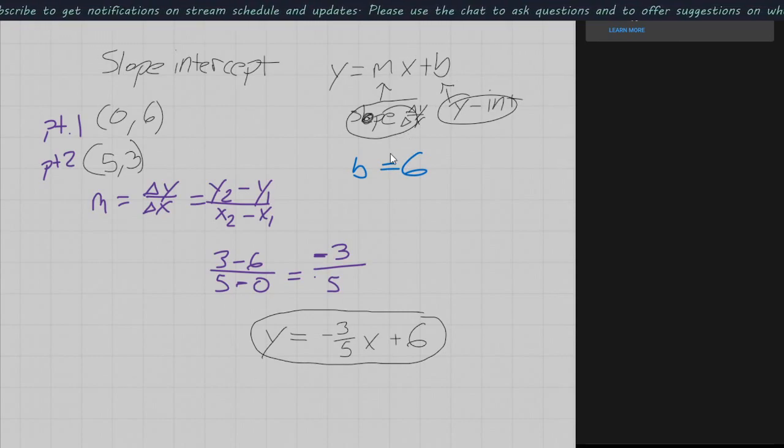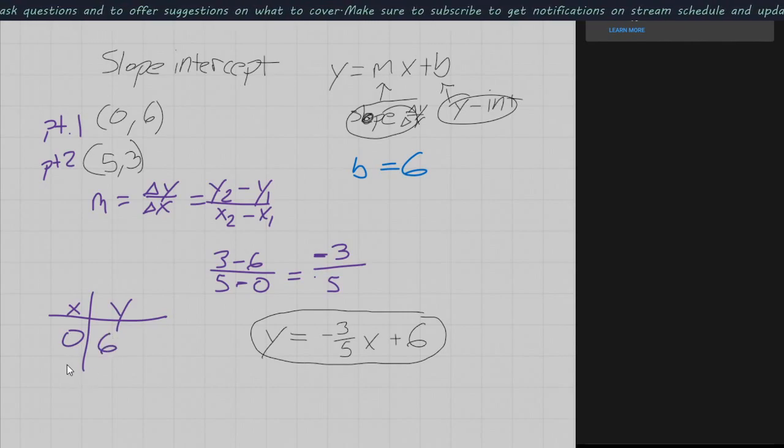Now, let's say you forget the slope equation here, this y sub 2 minus y sub 1 over x sub 2 minus x sub 1. Well, yesterday I showed y'all that you could just put your points in a chart or a table, so an xy table, and you can find the difference between the 2 points. So we can do 0, 6 and 5, 3. And you can also reverse these, so you can have this as 5, 3 and 0, 6, and you'll still get the same answer because, like I said, you would just have the additive inverse values and it will still simplify.